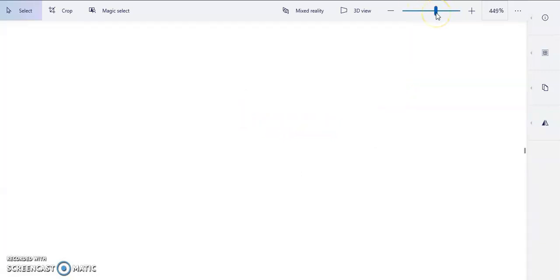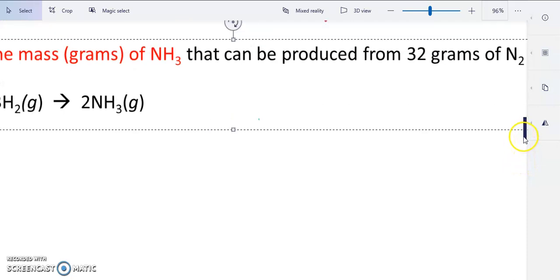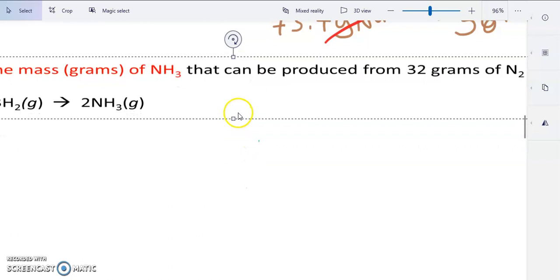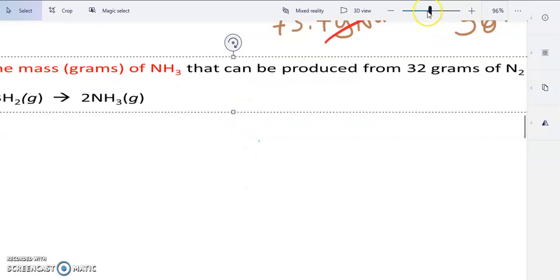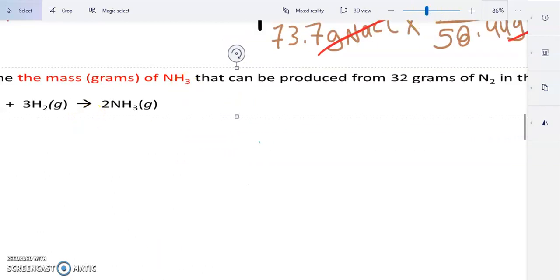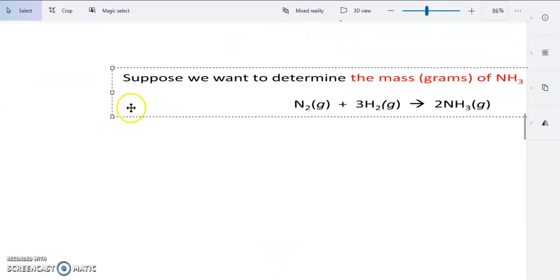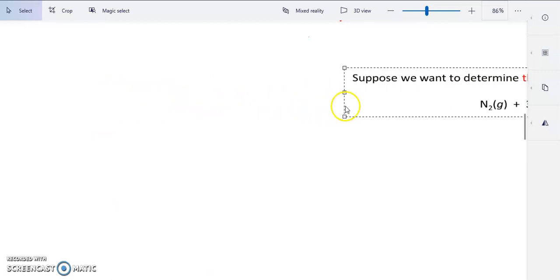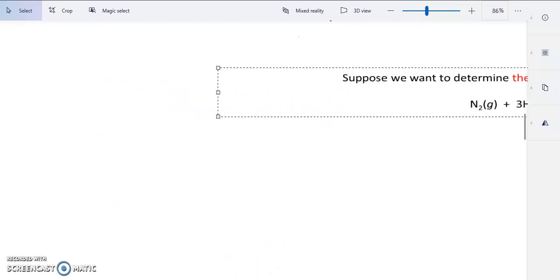Here is our equation. Let's make it smaller. Okay, here you go.